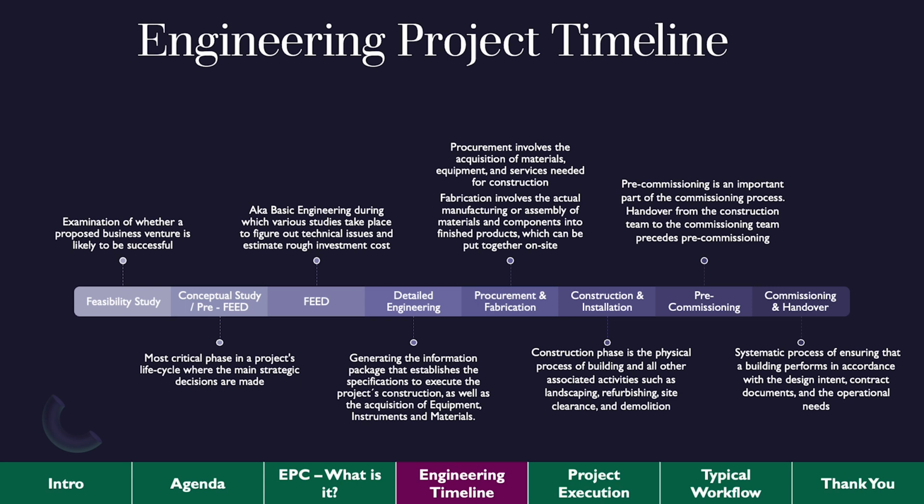On the other side, it's reversed in terms of the process engineering workload. The earlier on, the more process work is being done. As you progress through the timeline, it decays. The process work peaks early, versus the other engineering disciplines, which start to peak later. So from the feasibility study all the way to the basic engineering or feed, that's where the workload of the process or chemical engineering is.